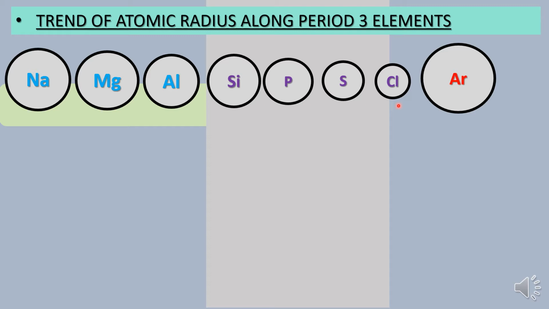On the other hand, the number of protons also increases in the nucleus. Consequently, electrons are more attracted toward the nucleus and pull the shell nearer to the nucleus. Thus atomic radius decreases.